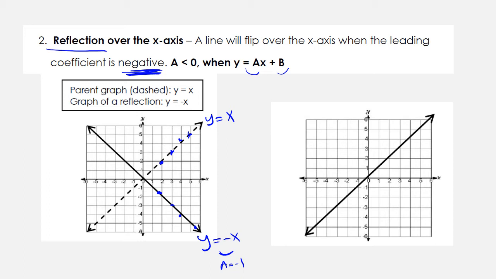Now let's combine a reflection and translation together. Let's say that we have a question y = -x + 2. That means we will have to take the parent function, reflect it over the x-axis. After our reflection, we are going to translate it 2 units up.